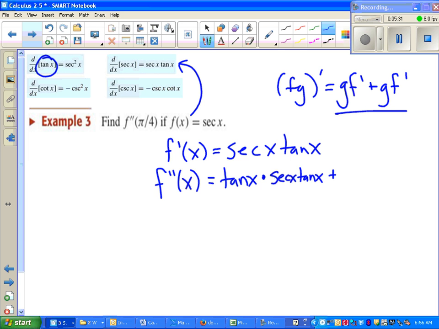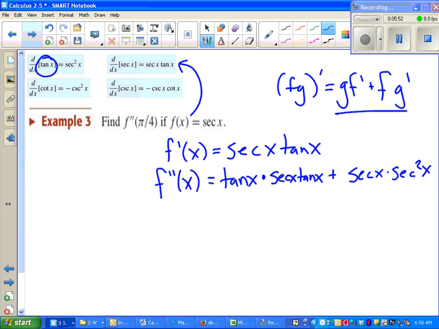I wrote it wrong. If you caught me, good job. That second g f prime should be f g prime. Now I take my first function, which is secant x, times the derivative of tangent of x, which is secant squared x.